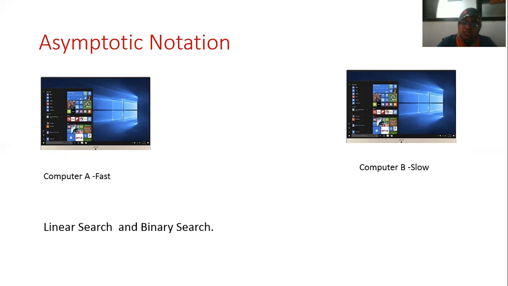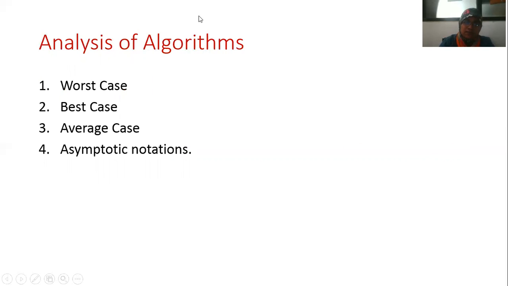For every iteration it will decrease n by half. We'll see all these in the next classes. So the performance of computer B will be better for large inputs, and if the input size is small, computer A will give better results.